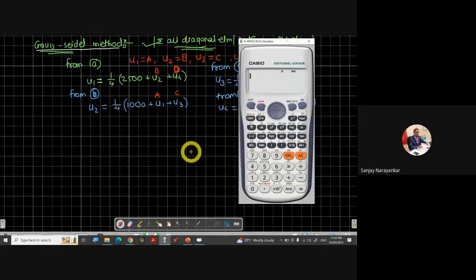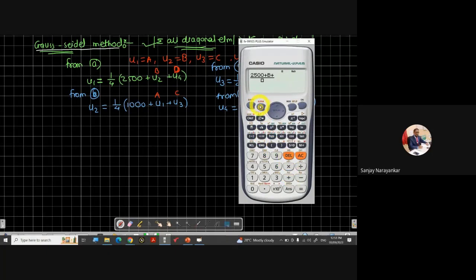So I have to write that equation in the calculator. See, students. You have to write an equation for U1. U1 is what? 1/4. Is the calculator visible to all of you? 2500 plus U2 is what? Alpha B, right?